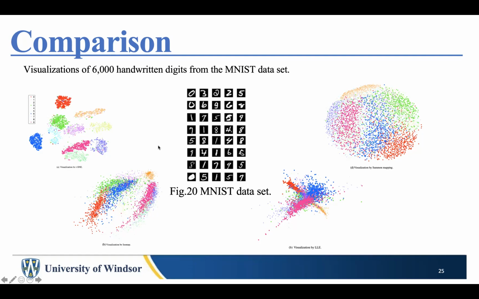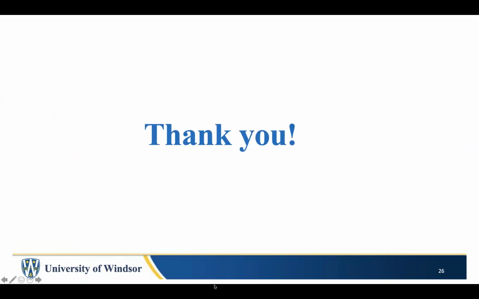In contrast, t-SNE constructs a map in which the separation between the digit classes is almost perfect. Moreover, detailed inspection of the t-SNE map reveals much of the local structure of the data, such as the orientation of the ones. This is my presentation. Thank you for your time.